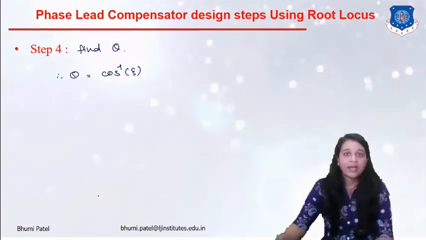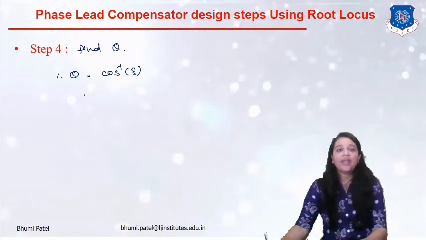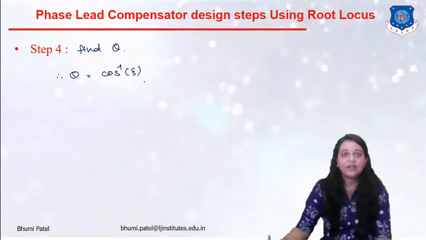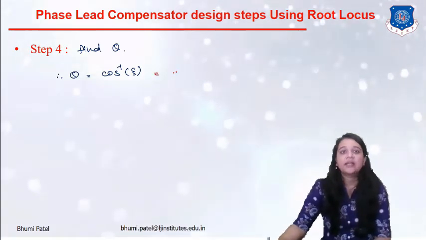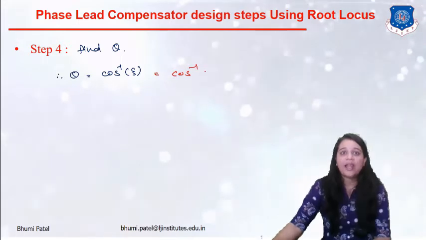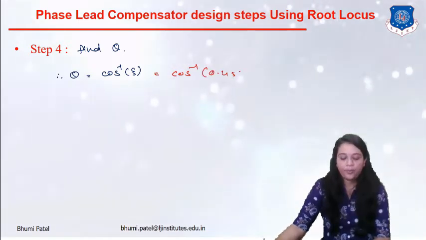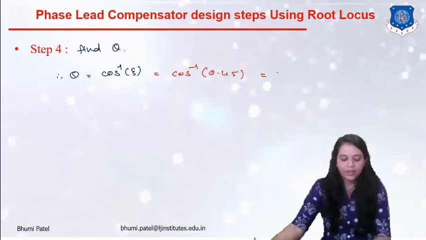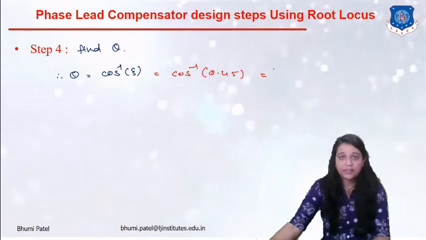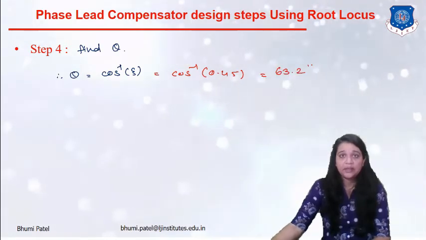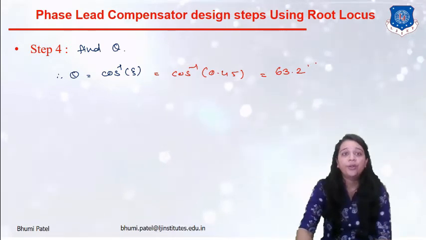So the next step is step number 4. We have to find the value of theta, and the equation of theta is cos inverse zeta, which is cos inverse of 0.45. If we simplify this equation, we get the answer 63.2 degree.